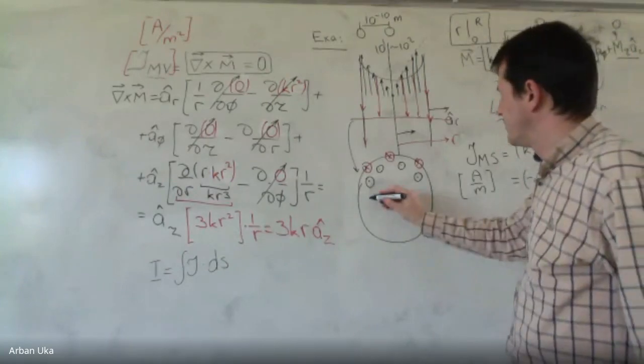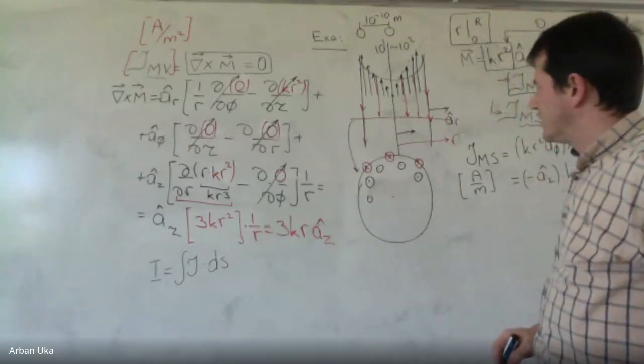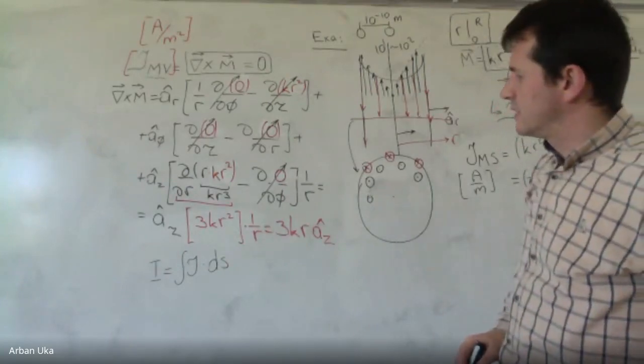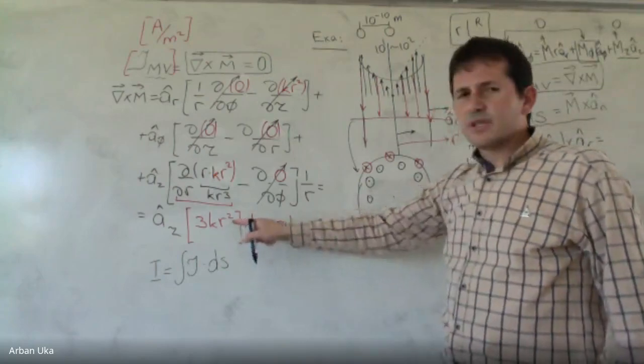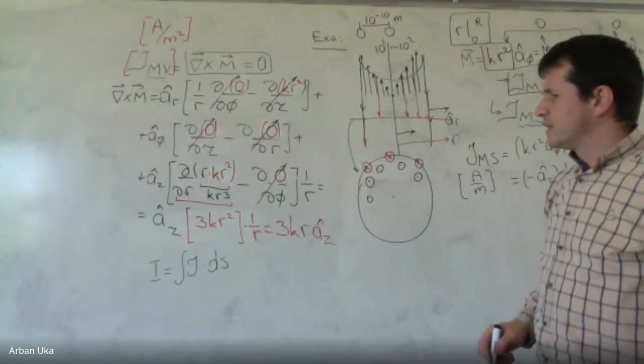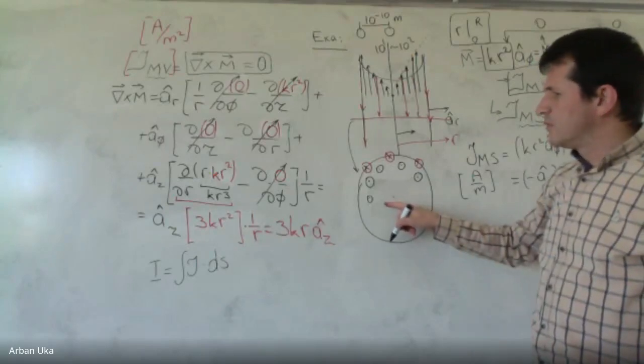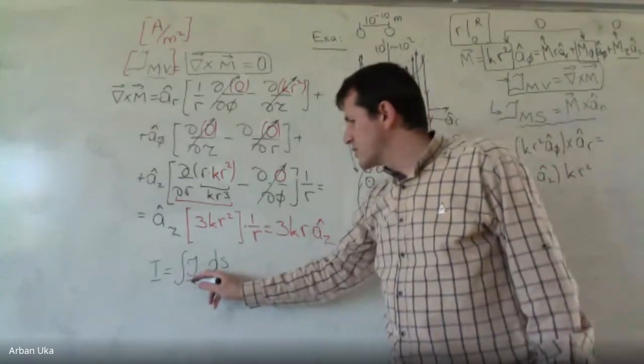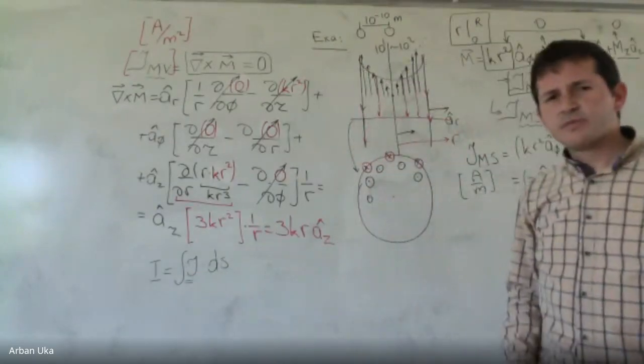Now the question is how we are going to integrate. Since the symmetry of the current is kr squared, where are the points where J is going to be constant? The symmetry is cylindrical.